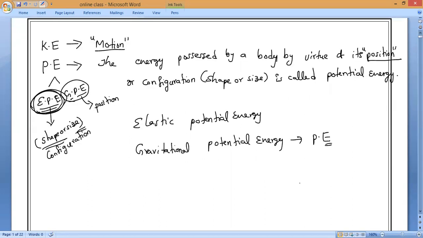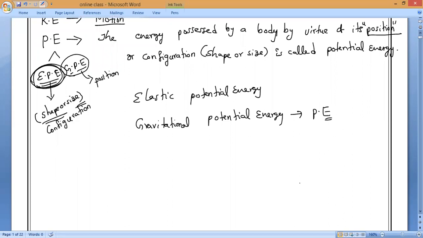We derive it for an object above the ground. Suppose the object has a mass m and its height above the ground is h. What is the potential energy formula?